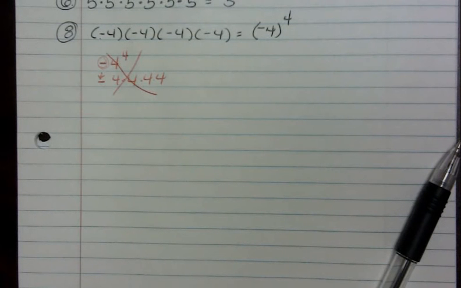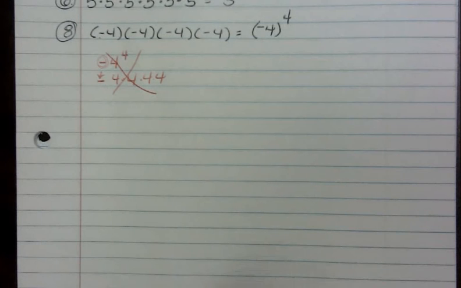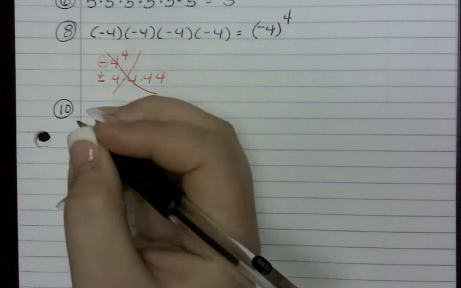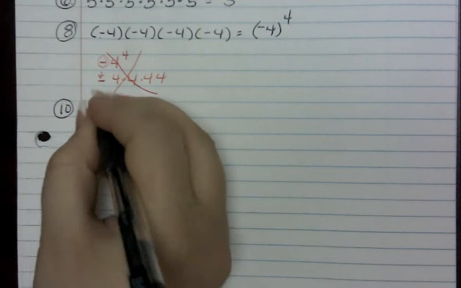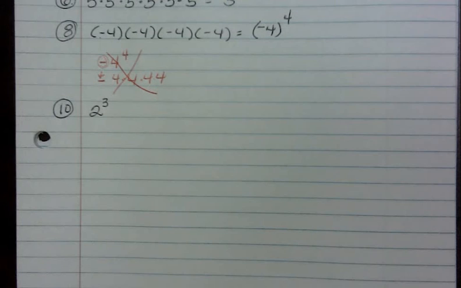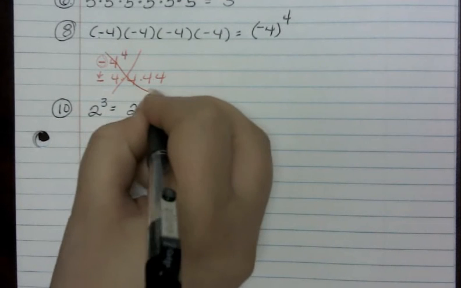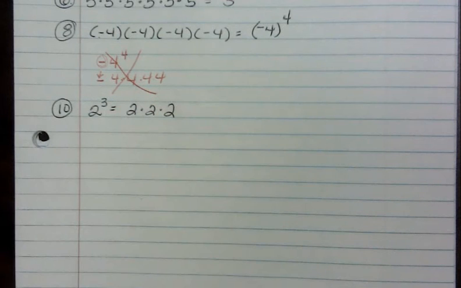Okay, so now we're going to talk about evaluating expressions. So on number 10, I have 2 raised to the 3rd power, which means we have 2 times 2 times 2. Remember, we've talked about that expanded form.